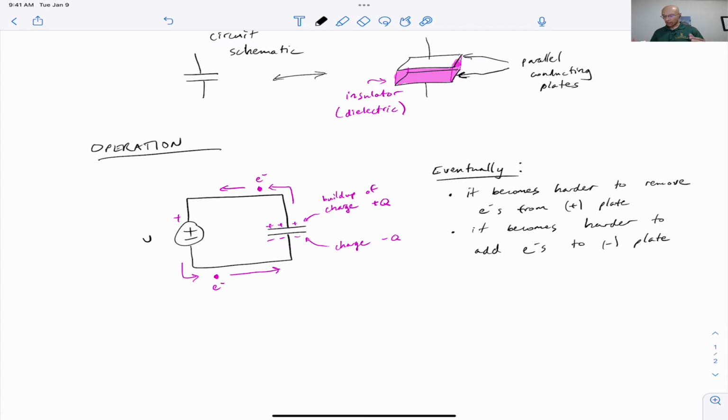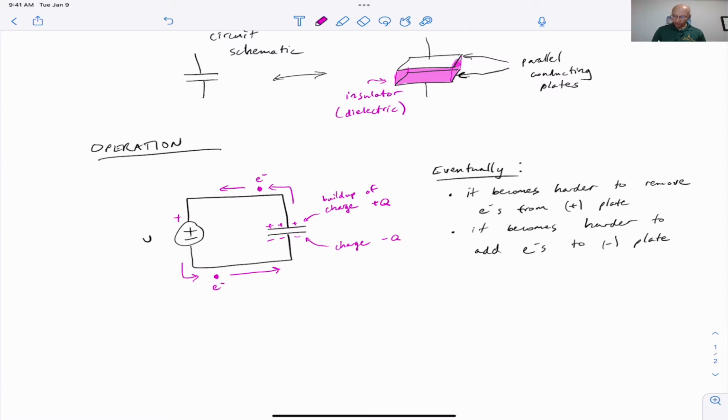So eventually it'll become harder to remove electrons from the positive plate, and the buildup of extra electrons on the negative plate repels additional electrons, so I can't just put more and more electrons onto that negative plate if I only have a certain driving voltage V.